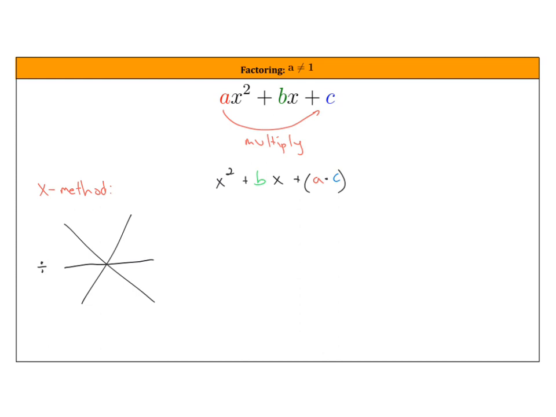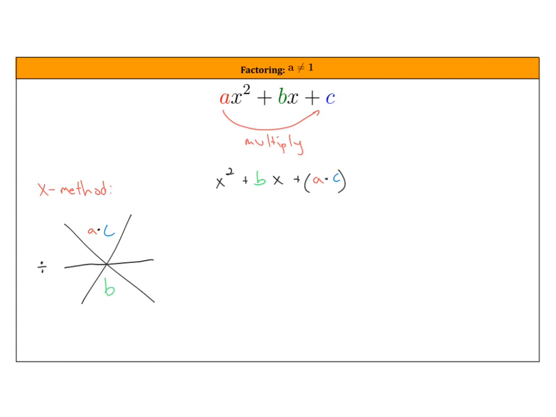But same exact thing, the way we fill it in. The number that is here at the very end of our expression is going to go in the top. So I'm going to write a times c in the top of that x right there. And then, of course, b is going to go right in the bottom of the x.